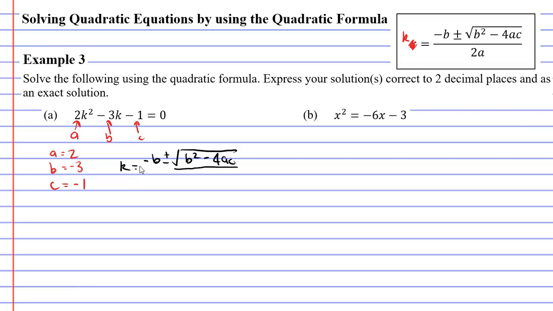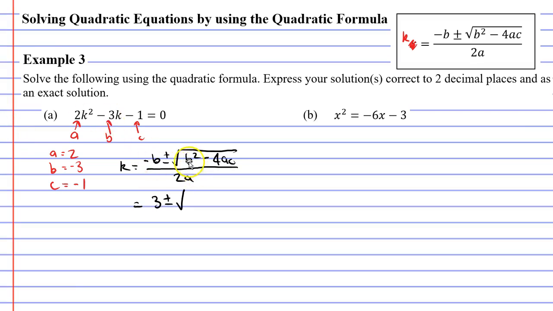So I'm just going to write this formula down. Now b is -3, so if I replace b with -3, notice it already has a negative there, so if I go -(-3), it actually becomes a positive, so that's going to become just 3. Then I have the plus minus sign.